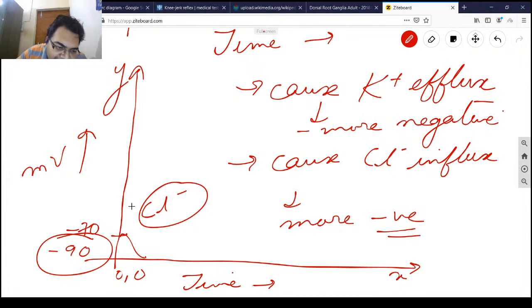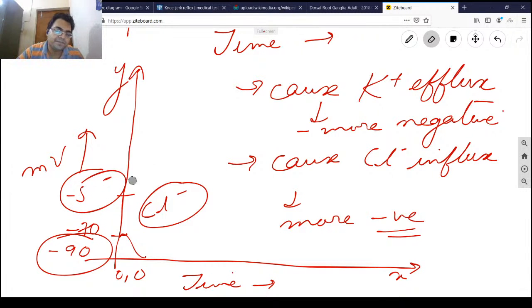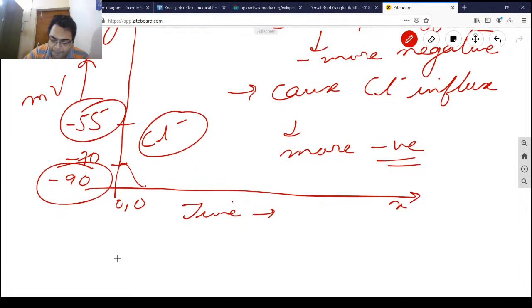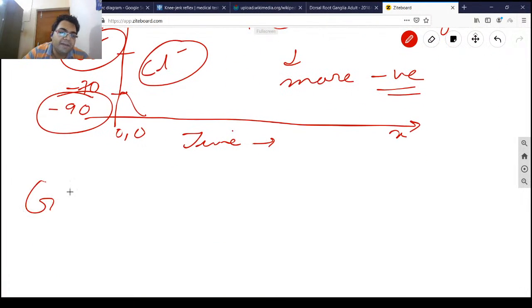Instead of reaching minus 55, it is reaching minus 90. So there is no way that current can propagate. The current flow will cease there, and then we doze off to sleep. So that is one of the functions of GABA, an inhibitory neurotransmitter.